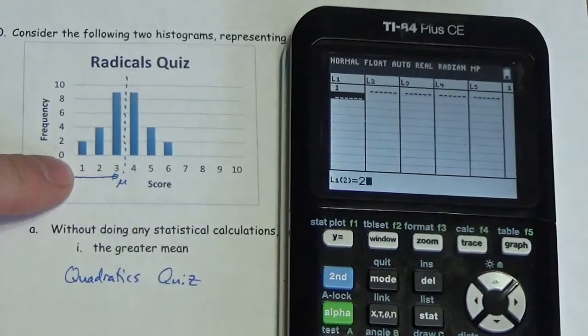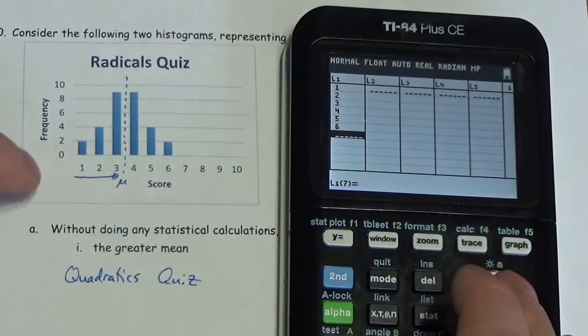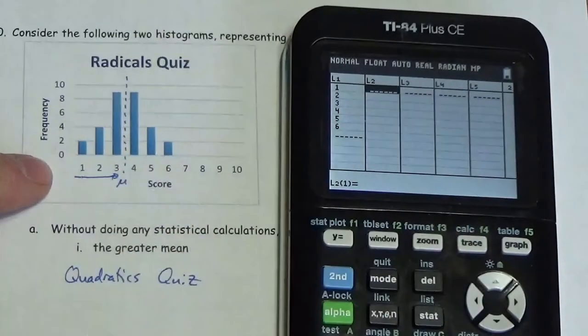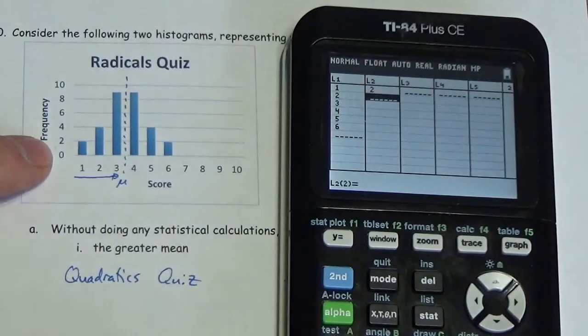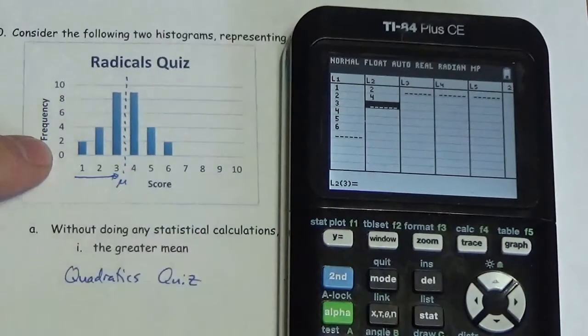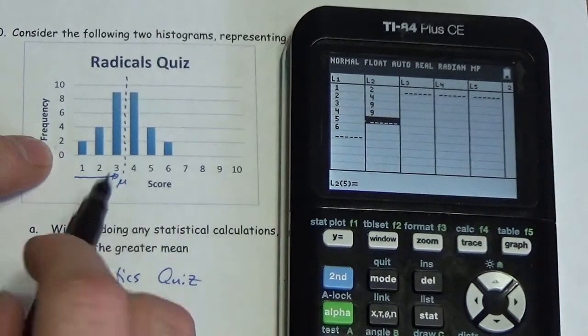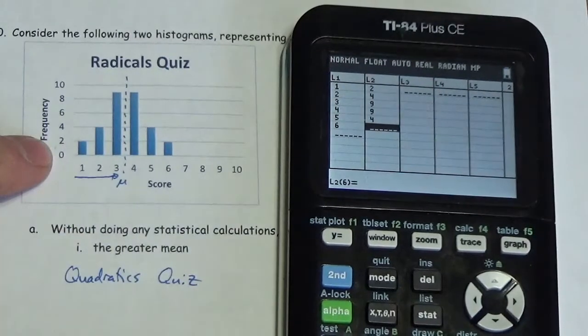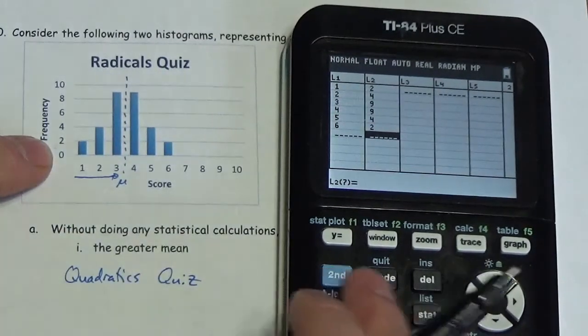That's going to be 1, 2, 3, 4, 5, 6. And this time my frequency, I read off of the y-axis here, so that's 2, 4. Now that's halfway between, so let's assume that's got to be 9 there. 9 for 5, we're back down to 4, and 2 for 6.